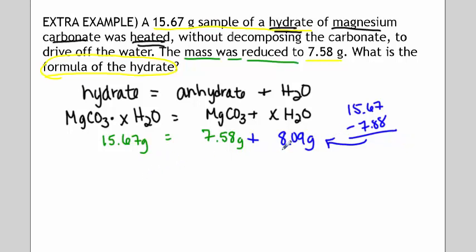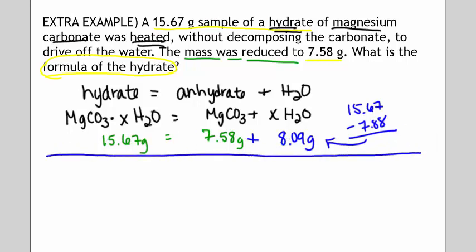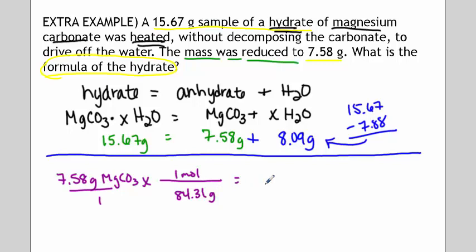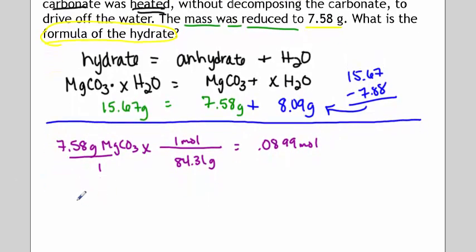Now we can do our problem. We can convert to moles and get our ratio. I'm going to do that for you really quickly. 7.58 grams, and that's our MgCO3. I've already calculated the molar mass, 84.31 grams. That gives us 0.0899 moles. Then we use the mass of water that we got when we subtracted, and we convert to moles using 18 grams.